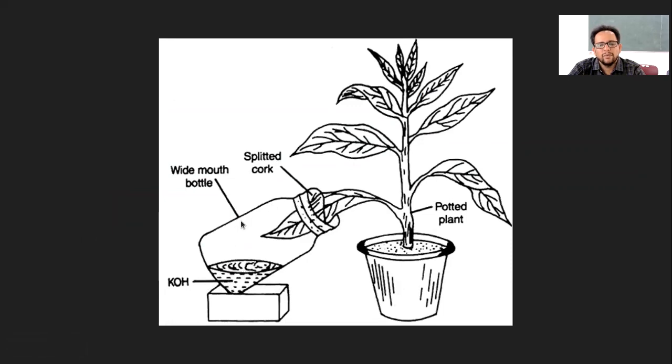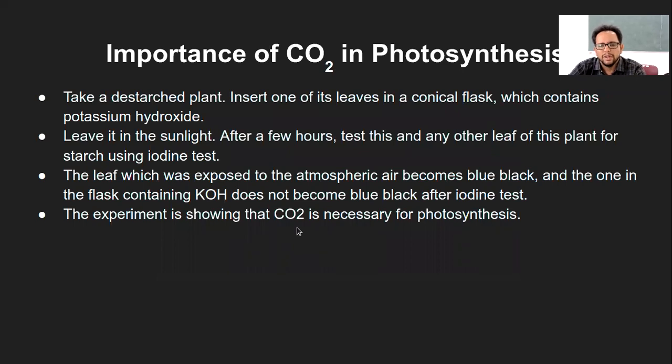So whatever carbon dioxide is present in the conical flask will already be absorbed by the KOH. So there will be no carbon dioxide received by this particular part of the leaf which is inside the conical flask or the bottle.